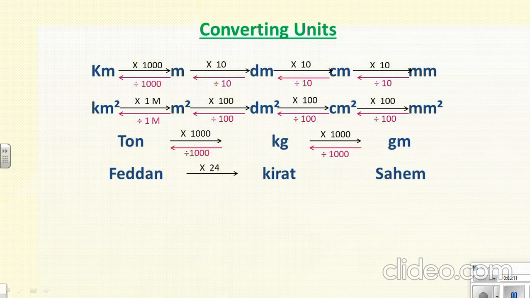And from kirat to sahm, we multiply also by 24. If we need to convert from sahm to kirat, we divide by 24. And from kirat to faddan, we divide also by 24.